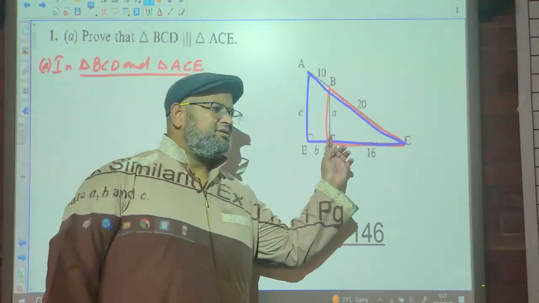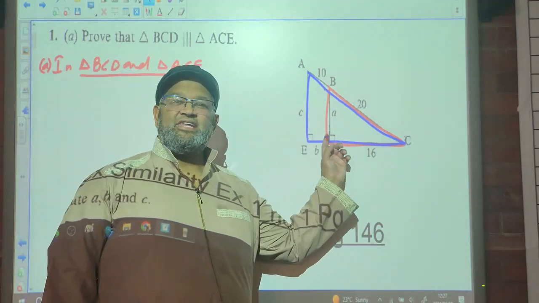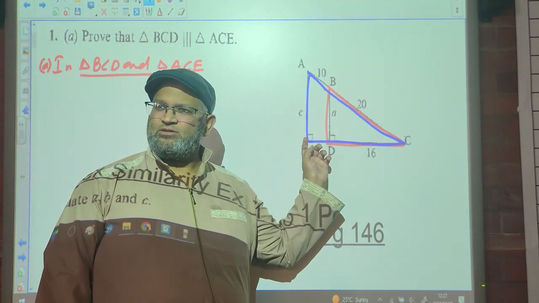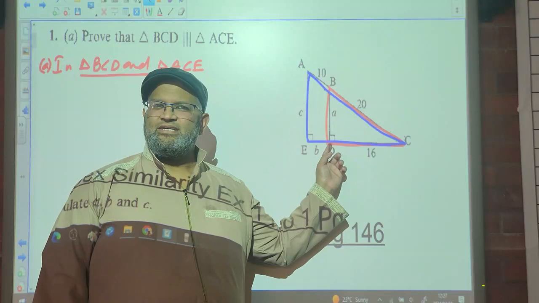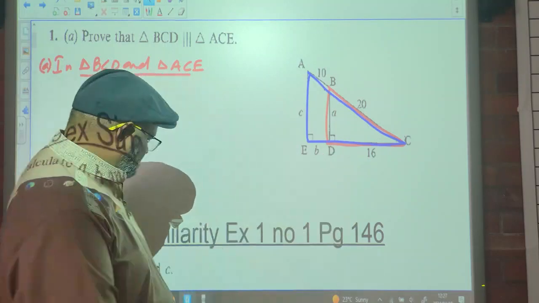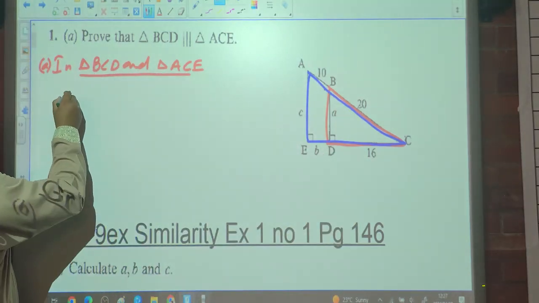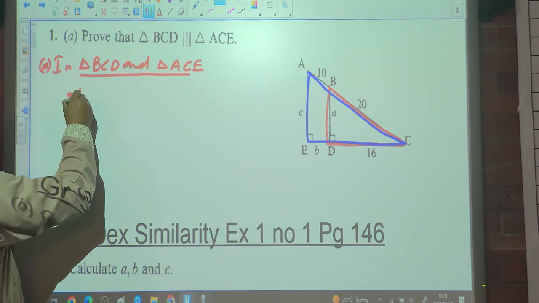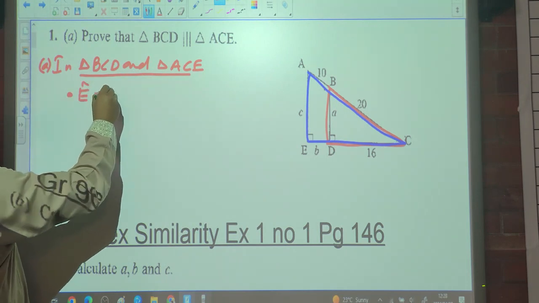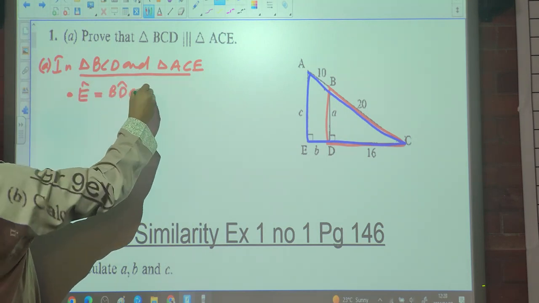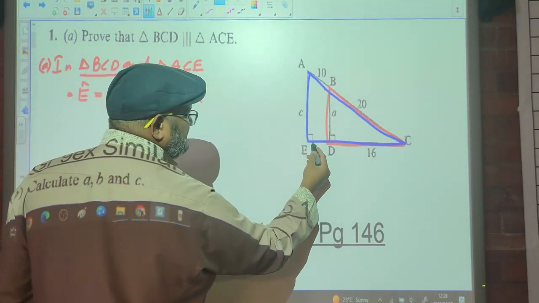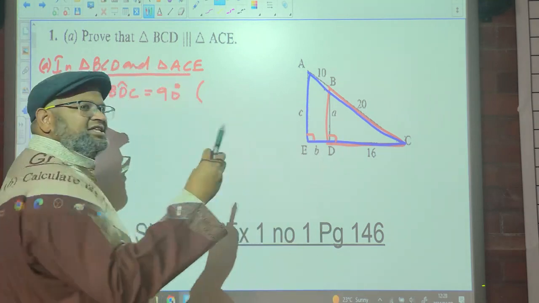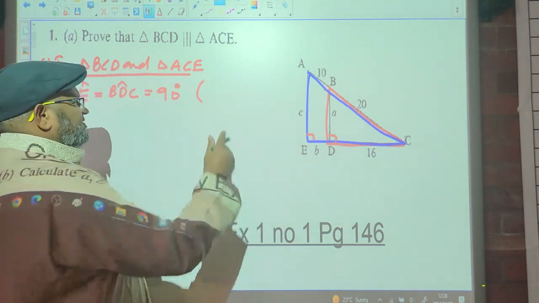Both are 90 degrees. So we're saying firstly that angle E is equal to BDC is equal to 90 degrees. Why is this 90? It's on the diagram. Let's give it.